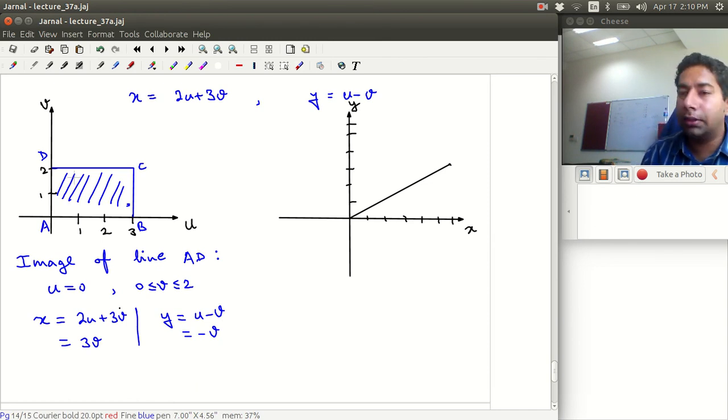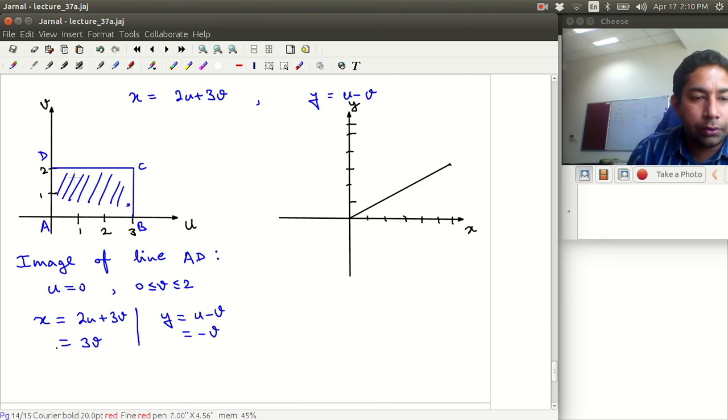So what we have is a parametric equation of a line. X is 3v, y is minus v, and you can simply plot the line by pinpointing the starting point and the ending point.